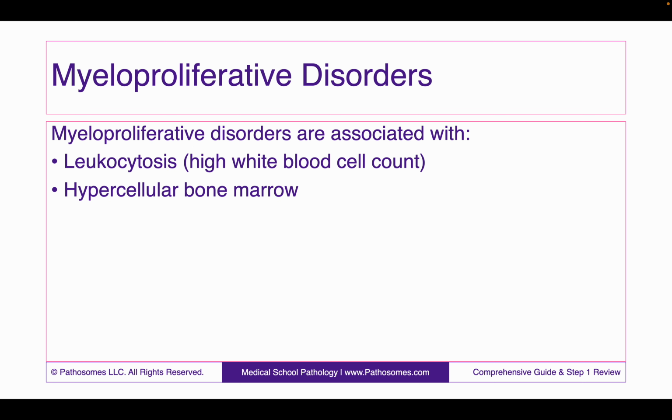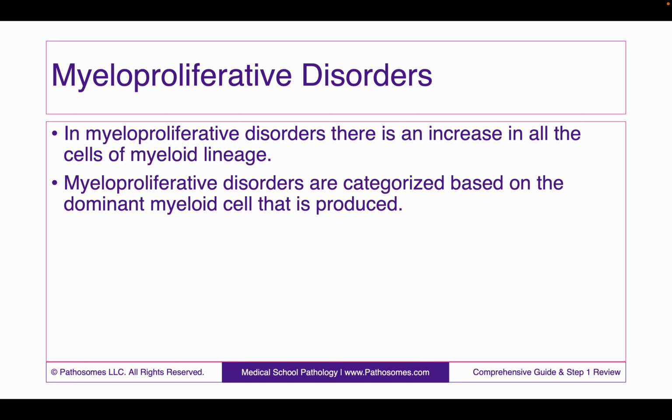Myeloproliferative disorders are associated with a couple things, which include leukocytosis, which is a high white blood cell count. You remember those cutoffs, right? 10,000, remember that? Also, the bone marrow will be hypercellular. So if you did a bone marrow biopsy, histopathology assessment will show a packed marrow, packed with myeloid precursors.